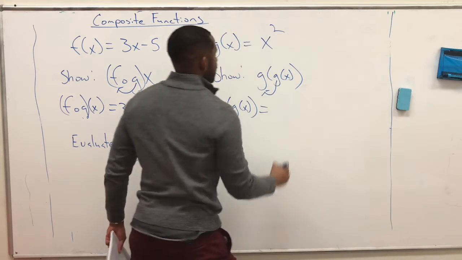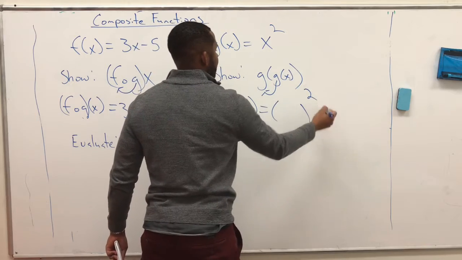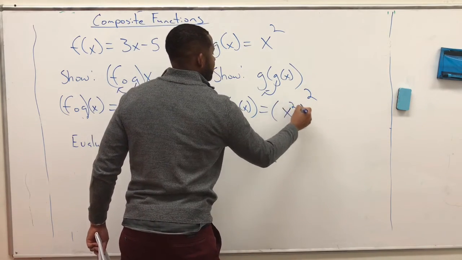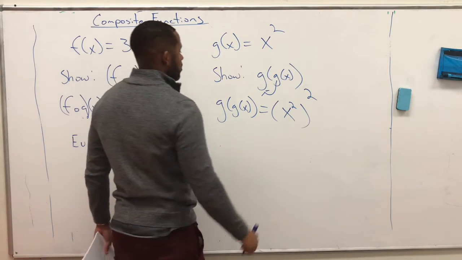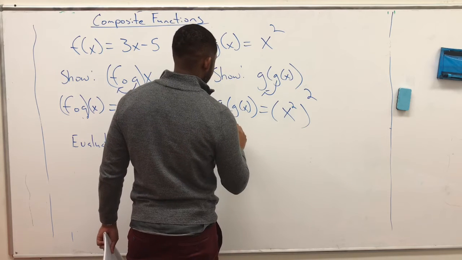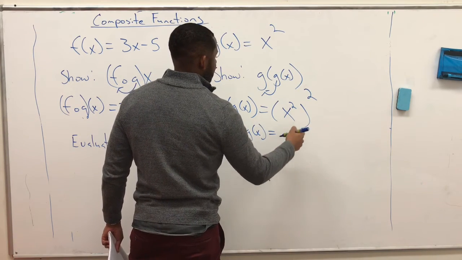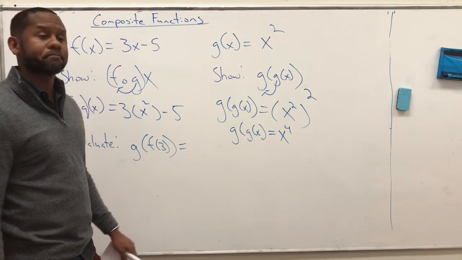Sorry guys. g of x is x squared. So I'm gonna replace this x with a g of x, and it has to be squared. The g of x that I'm gonna put in there is x squared. So I basically have x squared squared, which I could call x to the 4th. So g of g of x equals x to the 4th power.